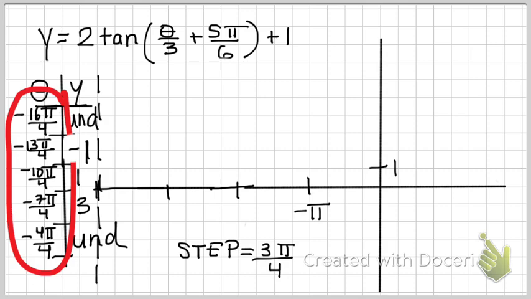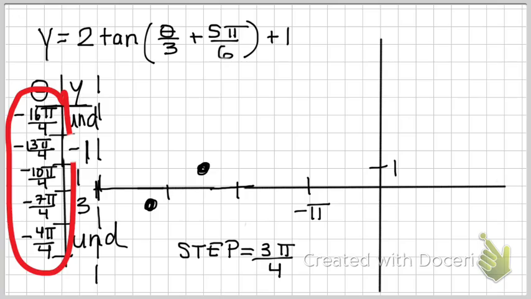So 13 pi over 4, negative 1. I'm going to plot that point. And then I'm going to go negative 10 pi over 4 and 1. That's going to be here. That was 4, 8, 9, 10. Negative 10 pi over 4.